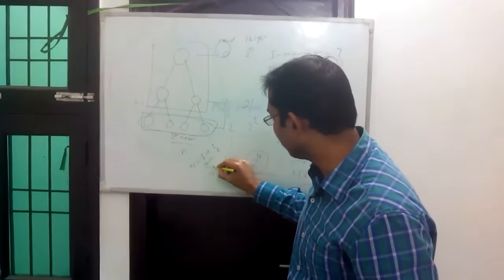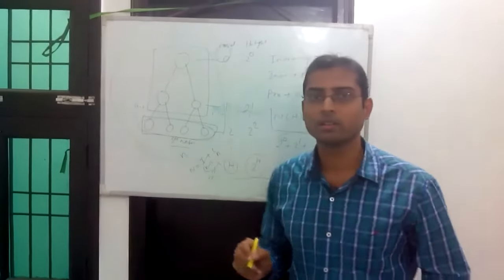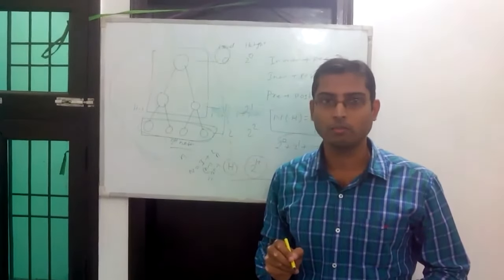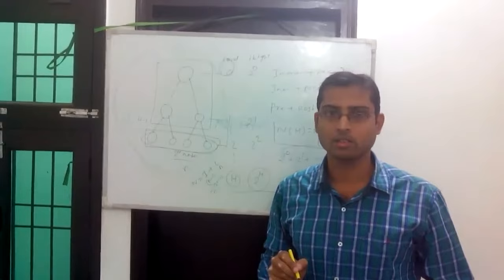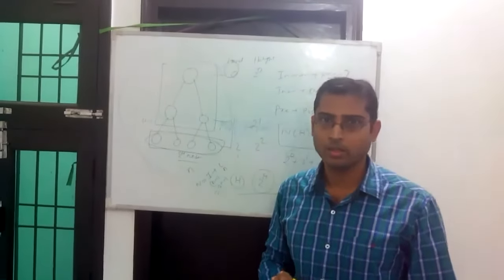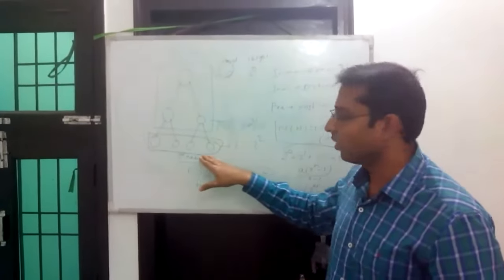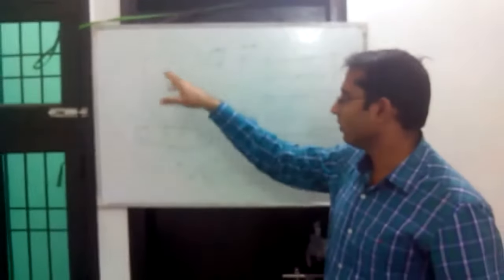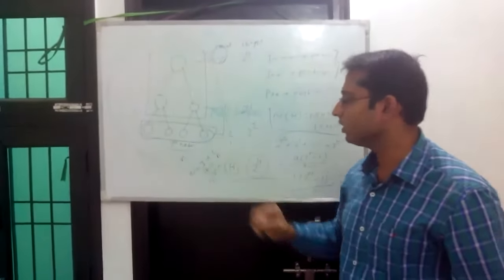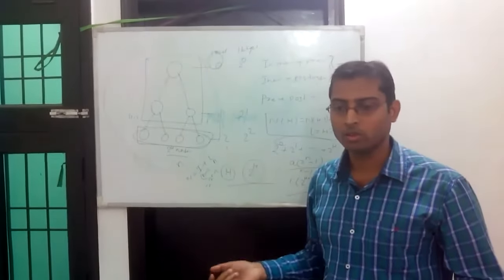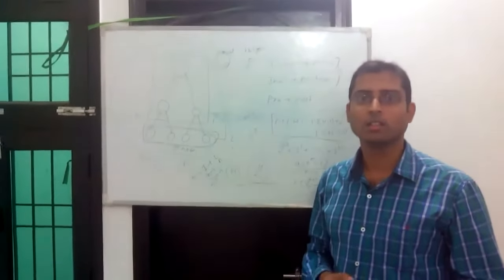It means the total number of nodes is 2n minus 1 in a binary tree. So whatever internal nodes or leaf nodes are given, we can find the total number of nodes using this formula: internal nodes plus leaf nodes.